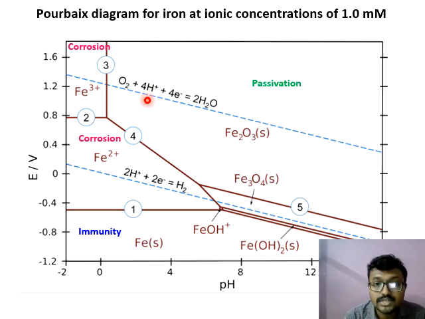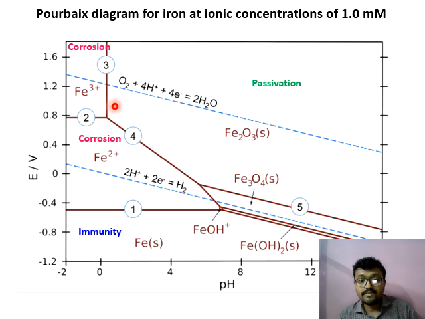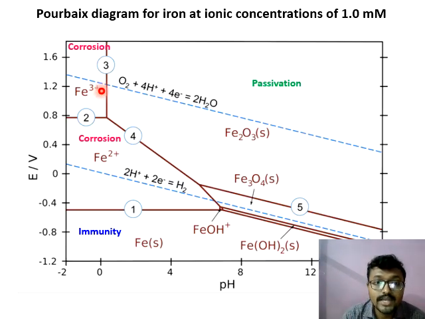If there is no transfer of electron, the reaction will be redox independent. If it is redox independent, we will get a line parallel to the redox axis, meaning the potential axis. So line 3, which represents the equilibrium reaction between iron 3+ and Fe2O3, will be parallel to the y-axis or potential axis. Why? Because this reaction is redox independent.